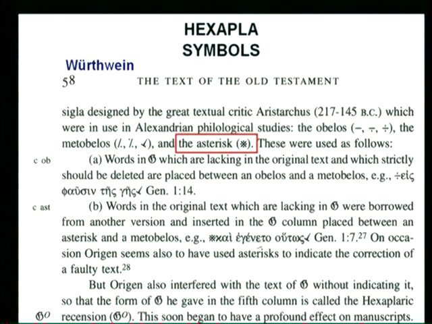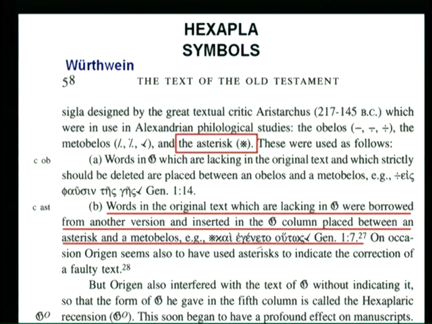That asterisk or asteriscus marks words in the original text which are lacking in the Septuagint, but now borrowed by Origen from another version, whether it's from Theodotion or Symmachus, and inserted into the Septuagint column, placed between the asterisk and the metobelus. The metobelus there looks like the nail that's at an angle, the tack there at the end.